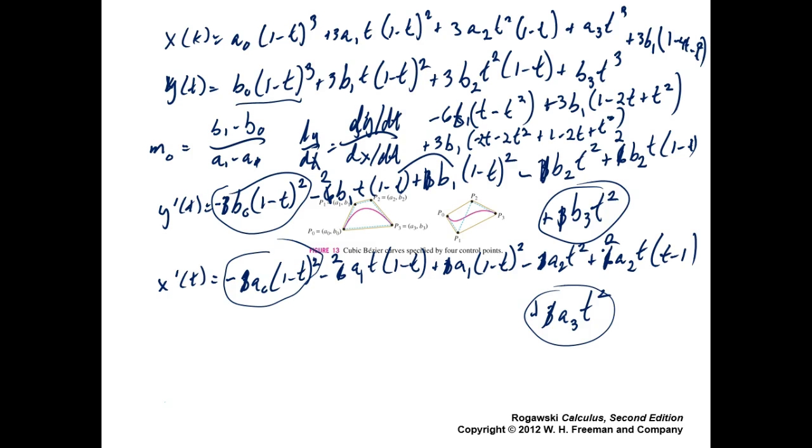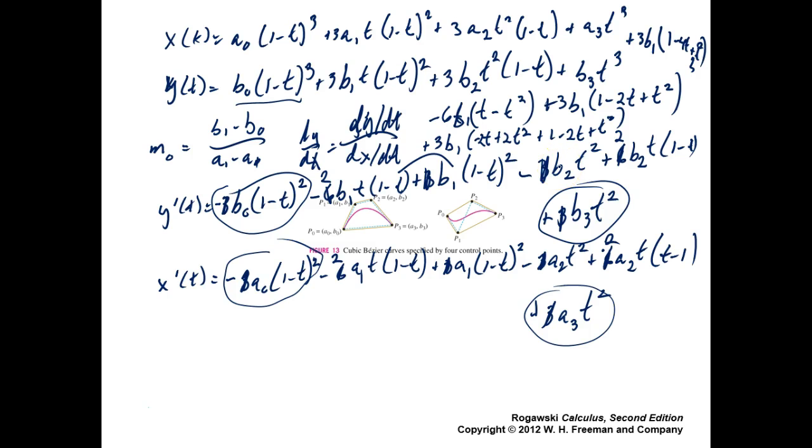Oh, wait. Yeah, sorry. Let's think on this again. If you factor out a 3b1, that leaves a minus here, but that's a plus. That's the plus. I'm sorry. I missed that one. So that would be a plus 3t squared. Minus 4t plus 3t squared. Got it.